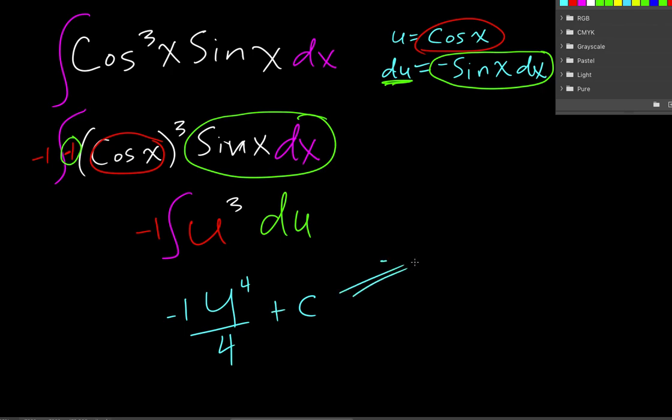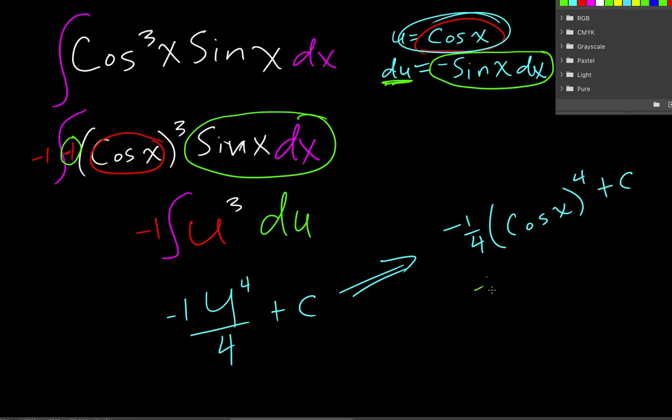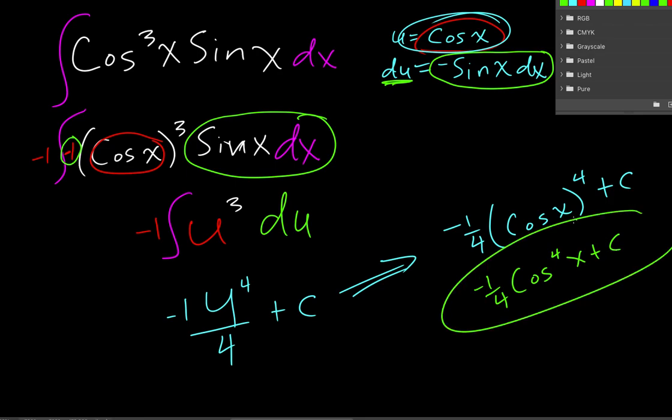Okay, if I simplify this a little bit, it's just going to be -1/4 times u, and u was cosine x, to the 4th plus c. And then one more thing we could do is write it without parentheses like this. Okay, and that would be the final answer.